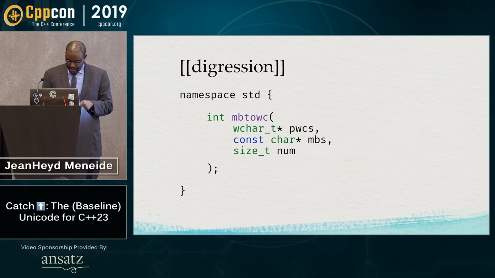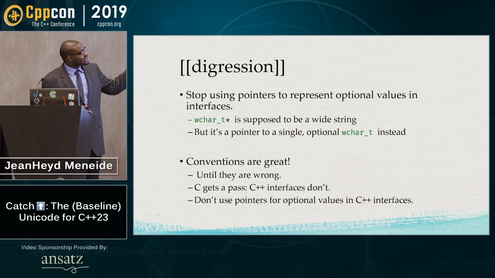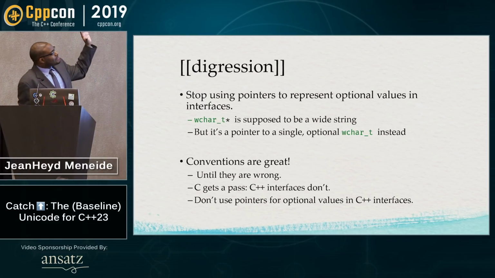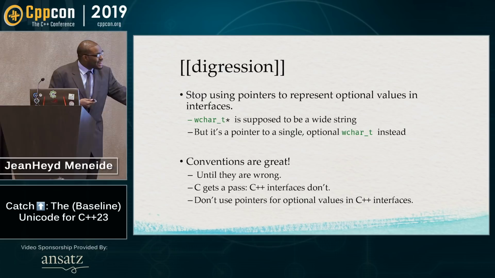The problem here is that this isn't actually an output wide string. You're only supposed to output one character at a time because that's the contract this function has. But because it's a pointer, it looks like an output buffer thing. So please, pretty please, stop using pointers to represent optional values.